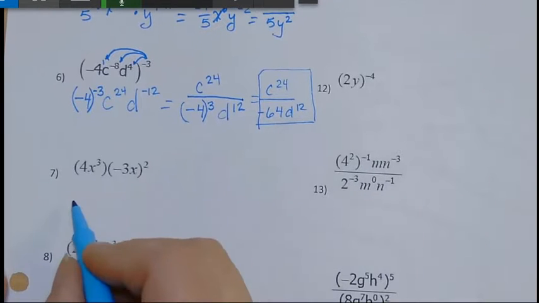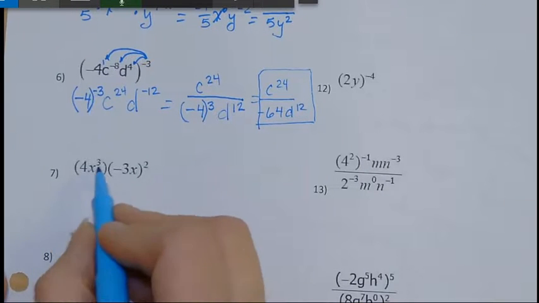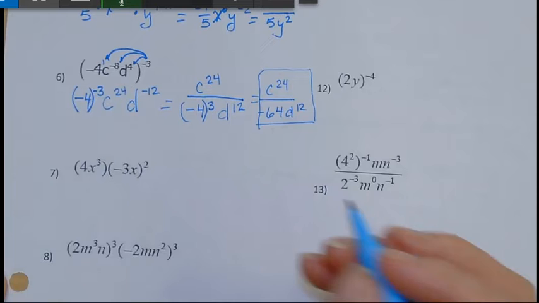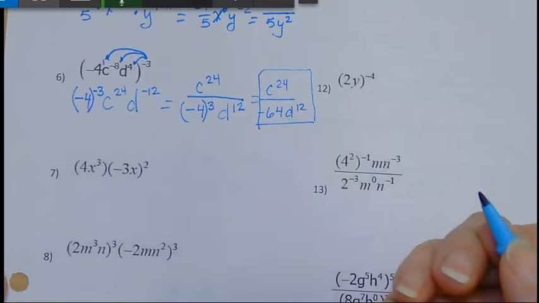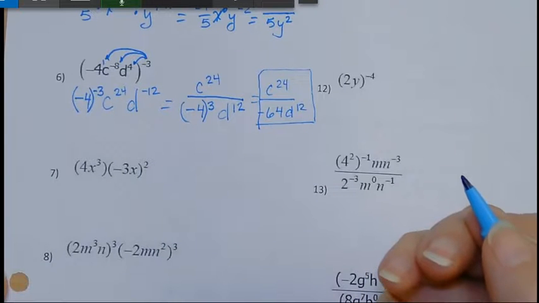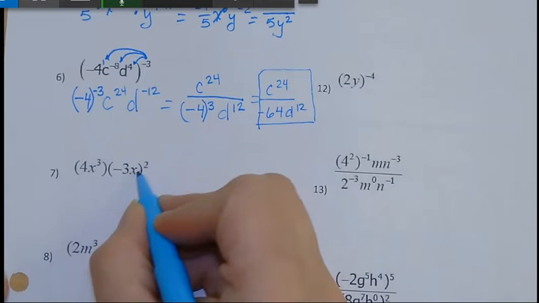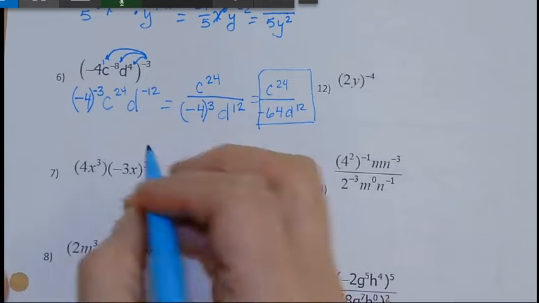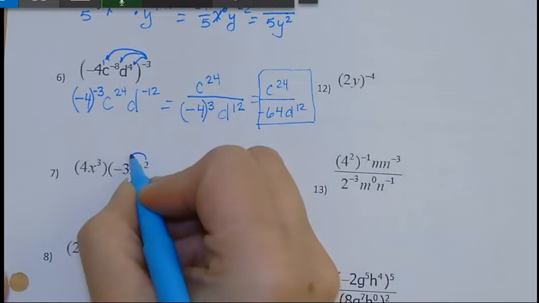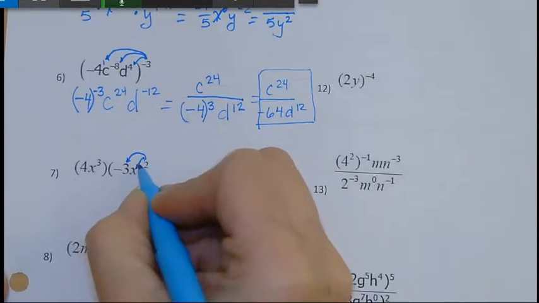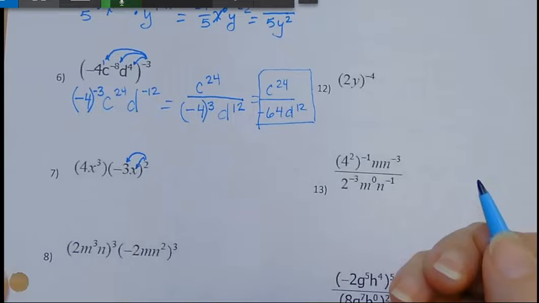Problem number 7. In order to multiply everything together, I have to take care of my exponent on the outside first. That's because of GEMDAS. GEMDAS tells me I can't multiply until I have dealt with an exponent. So this exponent needs to go to every factor inside those parentheses first.